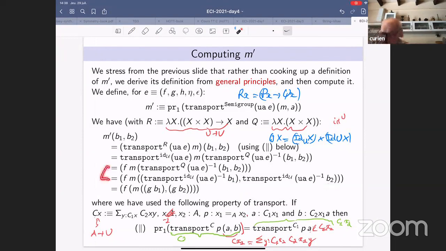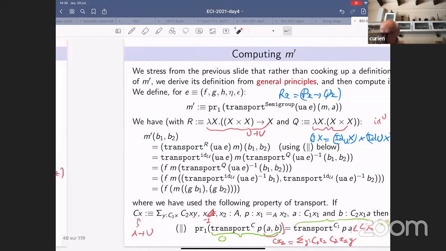So this explains this line. And then I use again my magical property of univalence, which tells me that if I spot this expression, I immediately know that this is the function G, the inverse here. So here I can write G instead of this guy, and here I can write G instead of this guy, and I obtain the formula which I wanted.